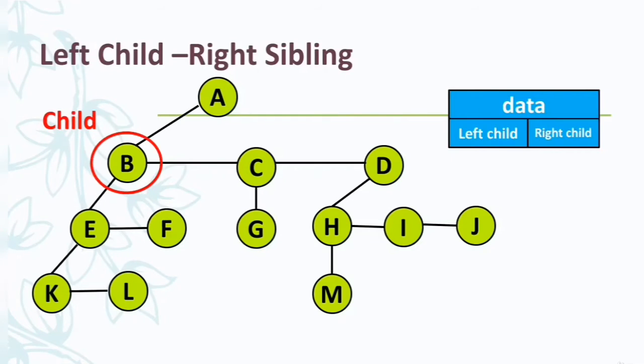We can say B is the child as it is at the left position and C is the sibling as it is at the right position. So this follows the rule of left child, right sibling. That is, A's children are B, C and D, and hence B, C and D are siblings. So the left one is called the child, whereas the right one is called the sibling.